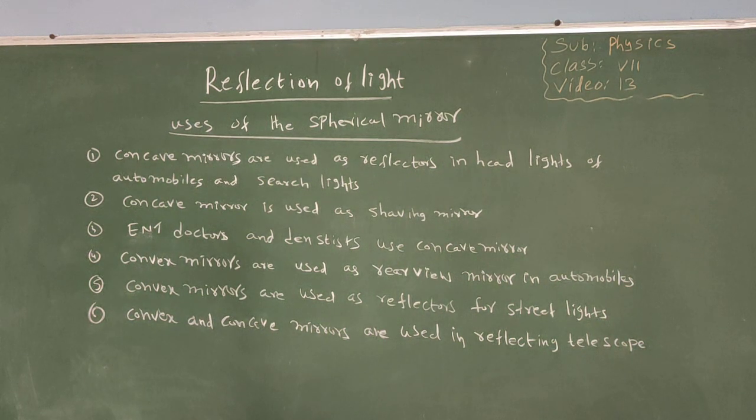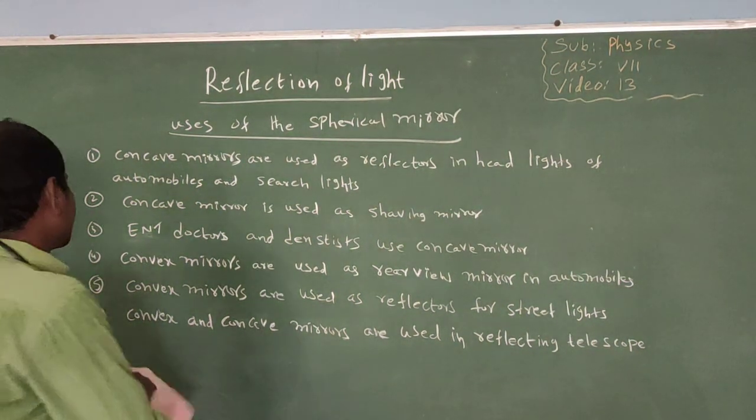We shall describe the coordinate sign convention, which is now widely used. The pole is taken as the origin and the principal axis as the x-axis.